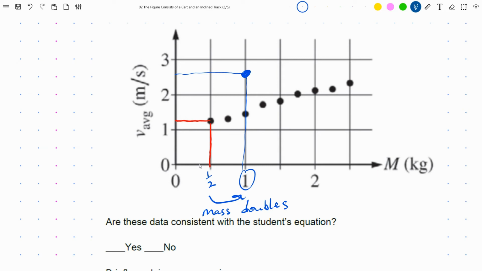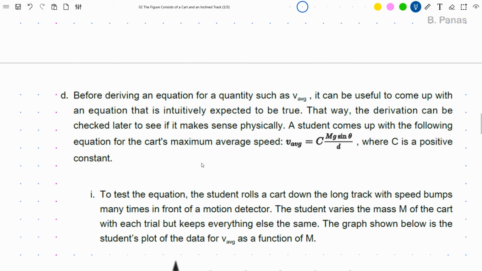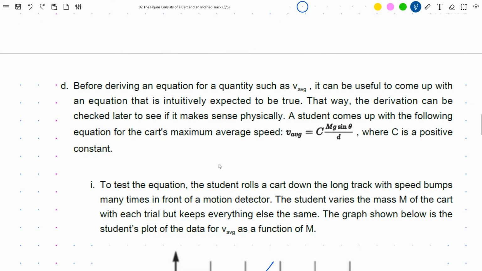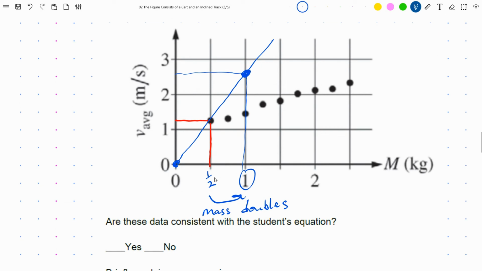In fact, especially with those 2 data points in there, I can sketch the graph I would expect if the student's equation was correct. I would expect it to go through the origin, because if the mass itself was 0 or approaching 0, then the average velocity would also approach 0. So this blue line represents what I would expect.